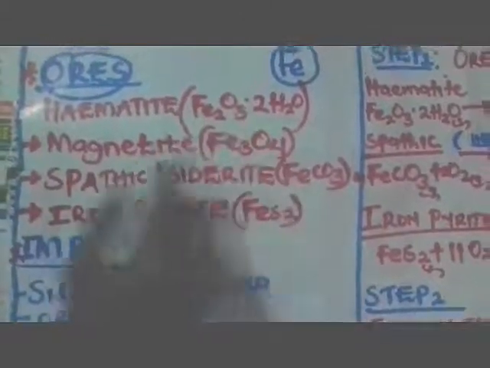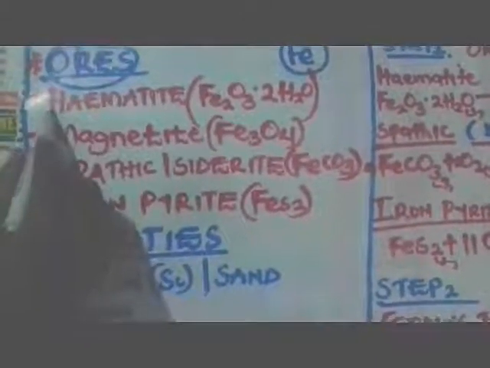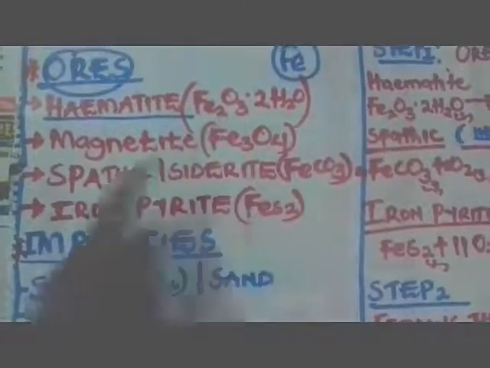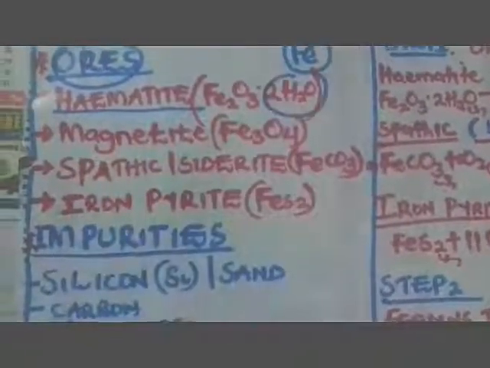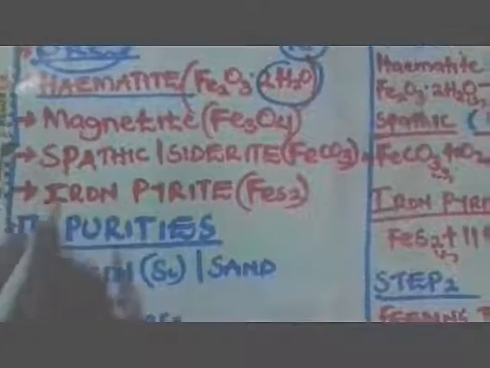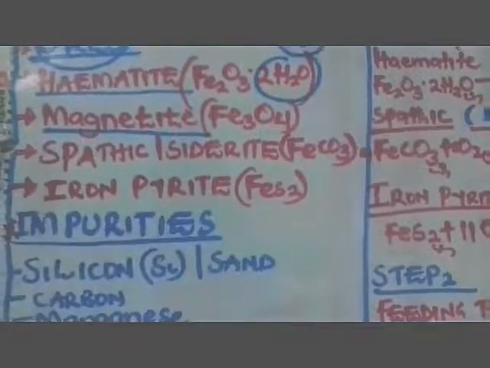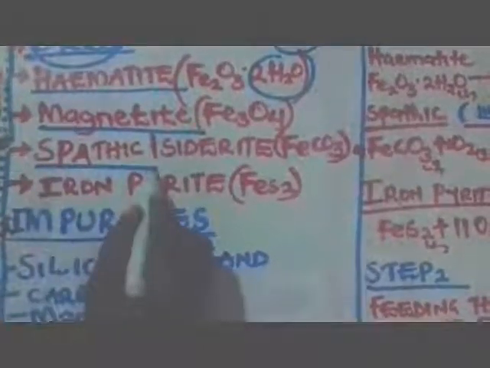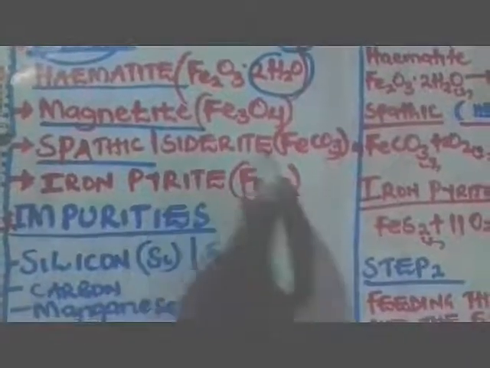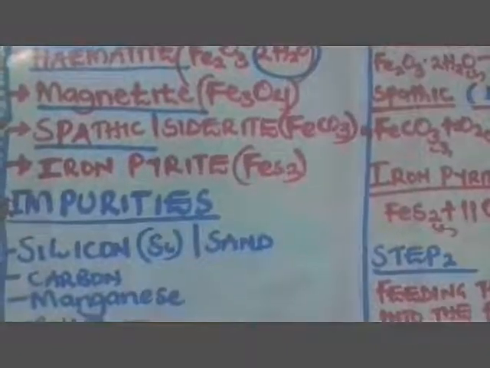And for our iron, the first ore we are calling hematite, which is iron 3 oxide. Then we look at what we call magnetite. Then we look at siderite, which is iron 2 carbonate.